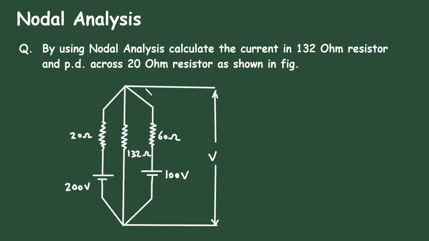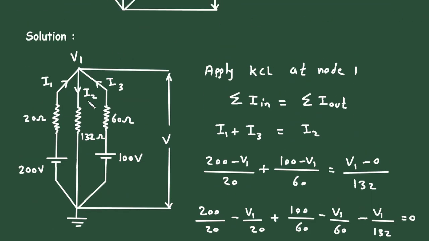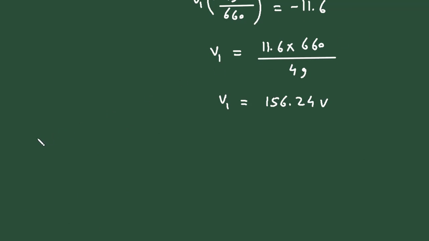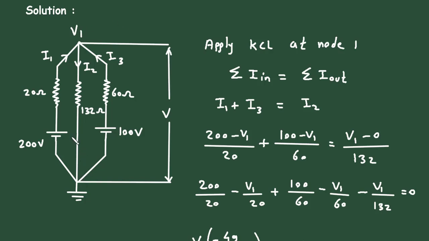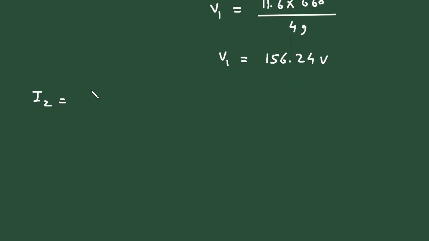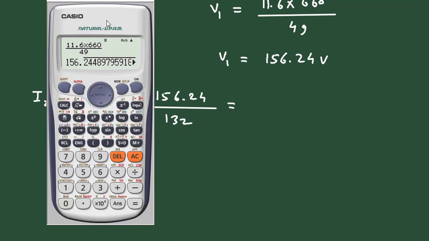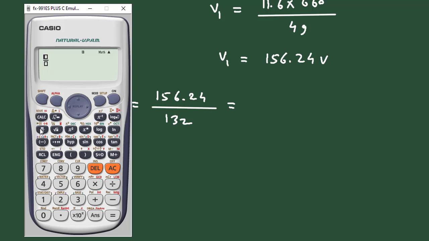Now we got the value of this voltage, so you can easily find the value of this I2. I2 is equal to V1 minus 0 divided by 132. So the value of V1 is 156.24 divided by 132.